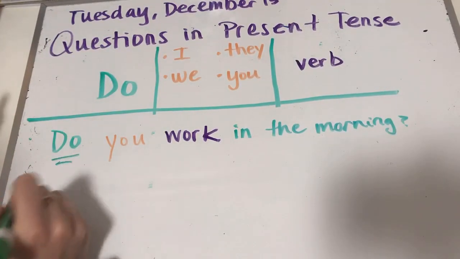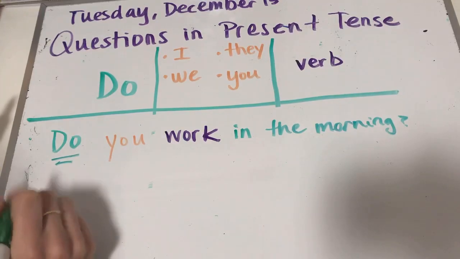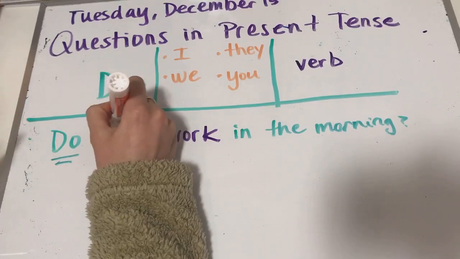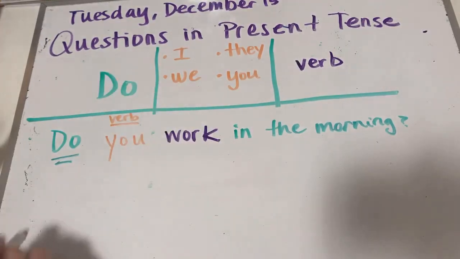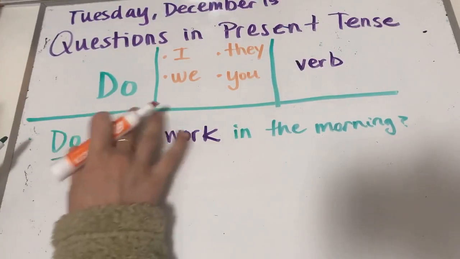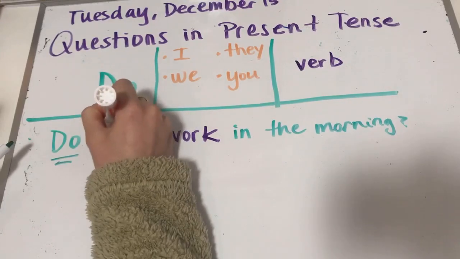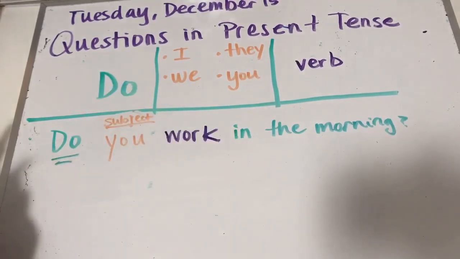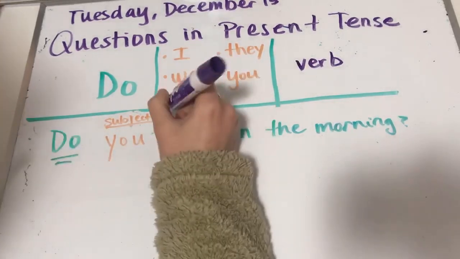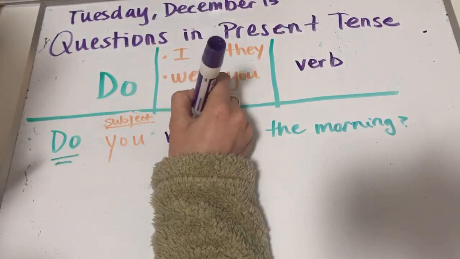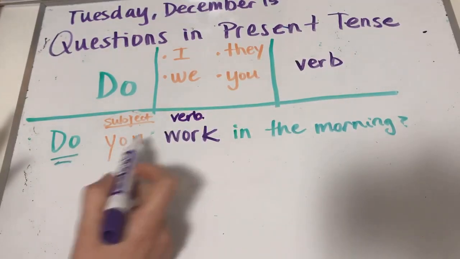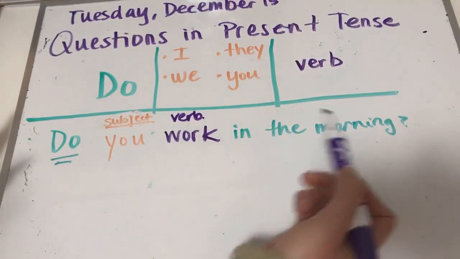So do, para preguntar en presente. You is my subject, mi sujeto. Work is my verb. In the morning. Usted trabaja en la mañana.